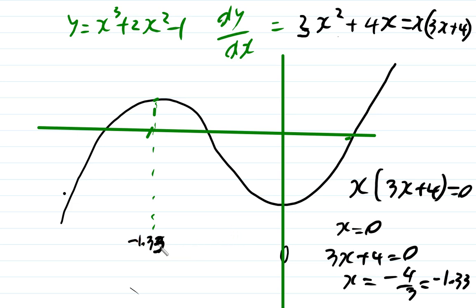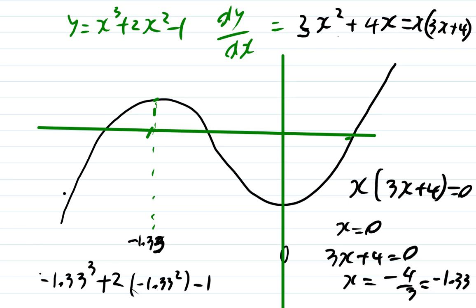Alright? If you are asked to find the coordinates of the critical points, then you already have the value of x here. Put that into this, and then you're going to find the y value: negative 1.33 cubed plus 2 times negative 1.33 squared minus 1.